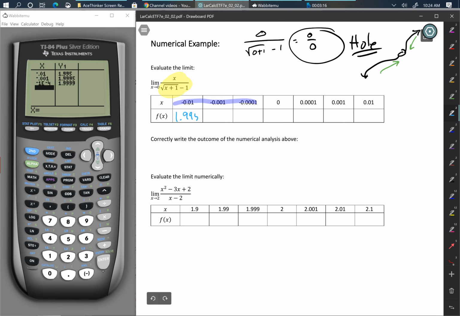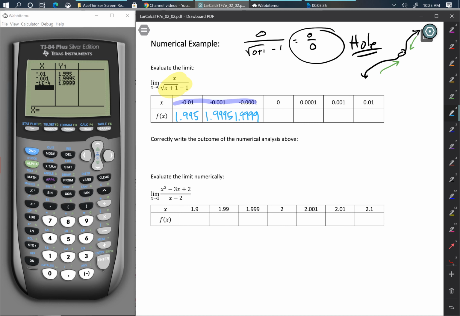1.995, 1.9995, and 1.9999. Now, do you see a pattern in those numbers? Do they appear to be approaching something?